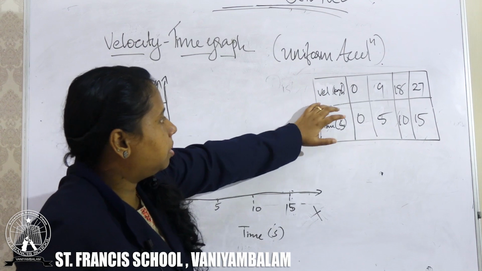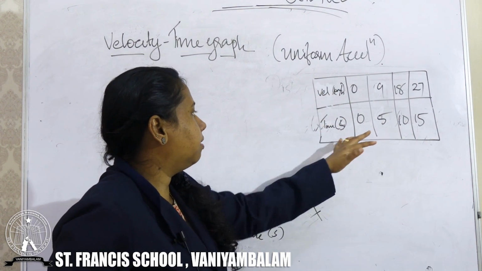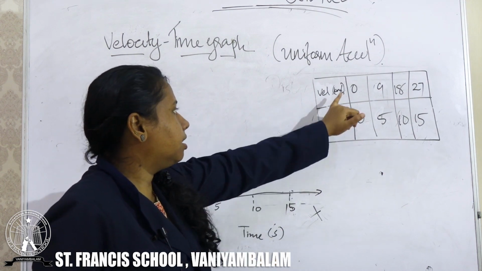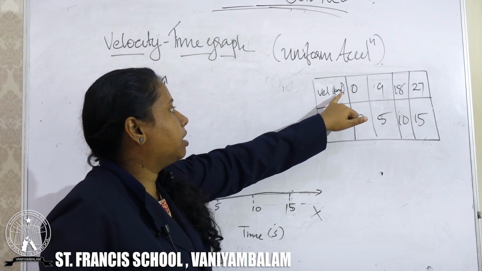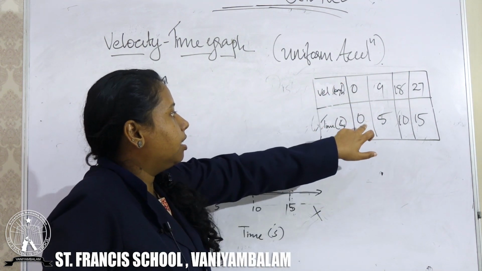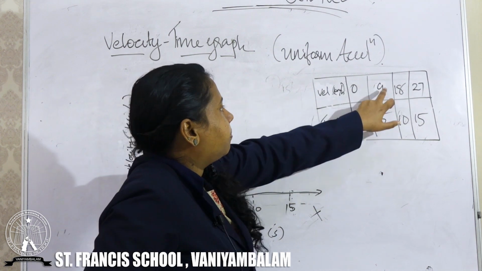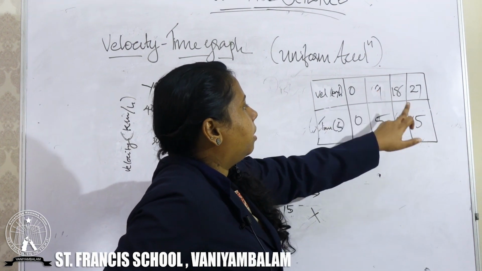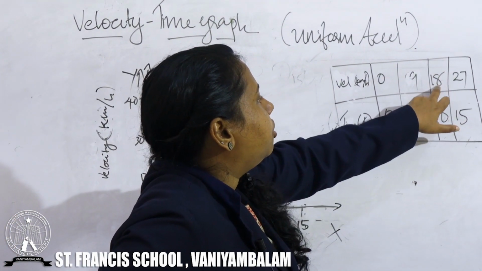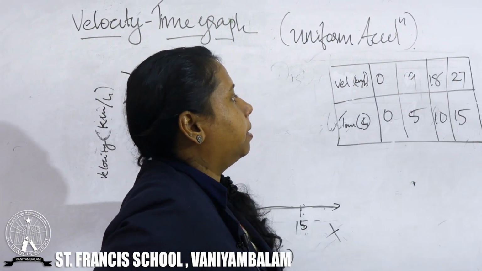You have two columns, you can see here velocity and time. The time we are using seconds as the unit, and for velocity kilometer per hour. And see, this is 0 and 0, at 5 seconds 9 kilometer per hour, 10 seconds 18 kilometer per hour, and 15 seconds 27 kilometer per hour.